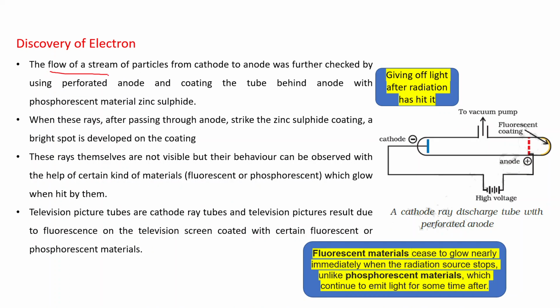The flow of a stream of particles from cathode to anode was further checked by using a perforated anode. Now, perforated means having small holes, small pores, and coating the tube behind the anode with phosphorescent material. Now, what is this phosphorescent material? This is zinc sulfide.